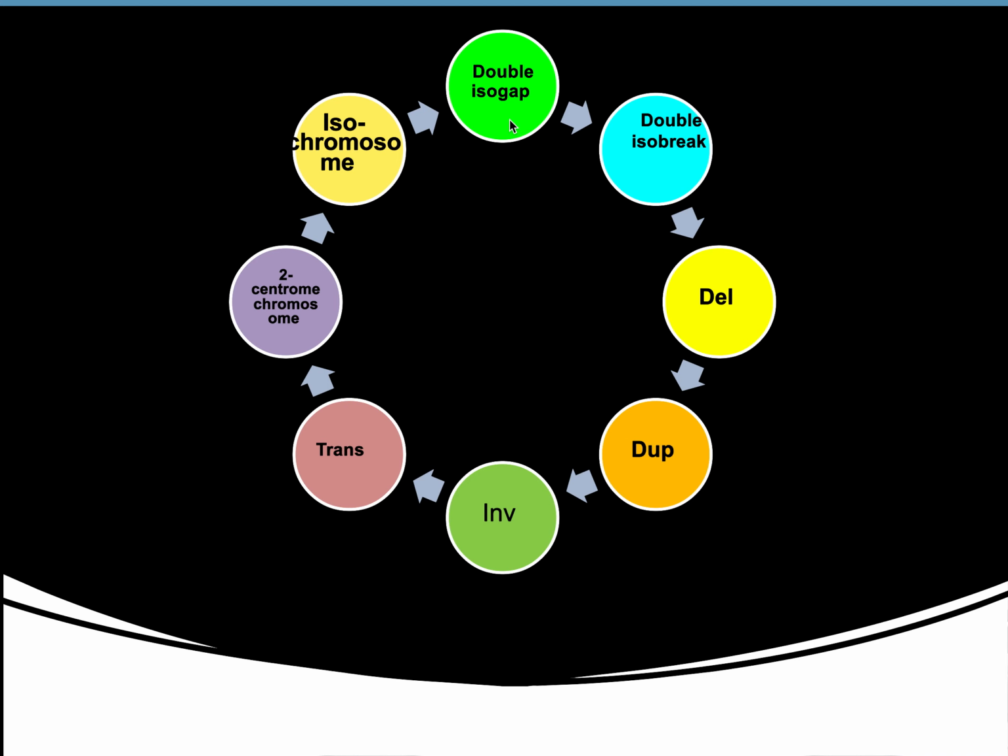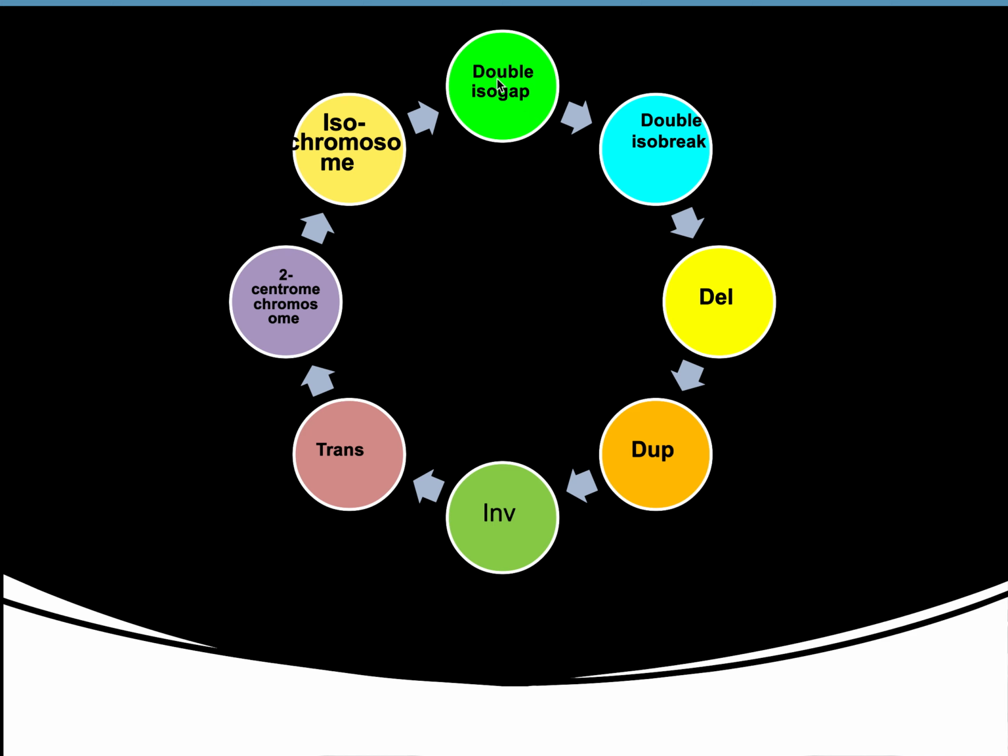What are they? For isogap, when it happens in the chromosome type, that means it not only affects one chromatid, it also happens on both chromatids together.